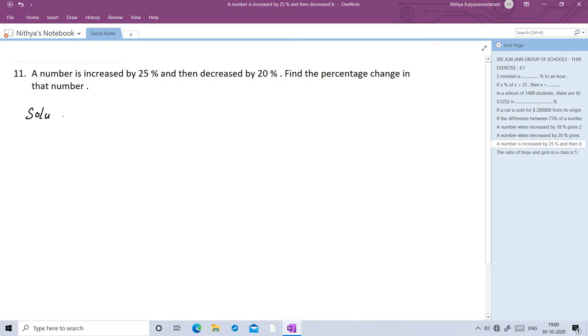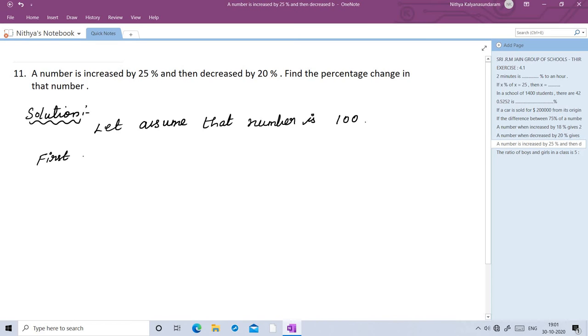With a number it is easy to find the changes. So let's assume that number is 100. First we want to find the increase by 25%.